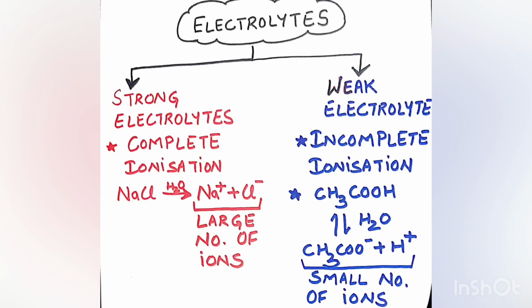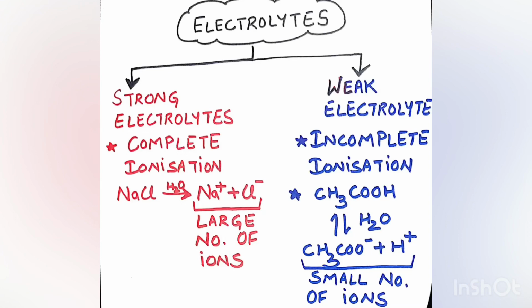So the electrolytes can be further classified as strong and weak on the basis of ionization. If it is complete ionization and gives a large number of ions, then it is a strong electrolyte.